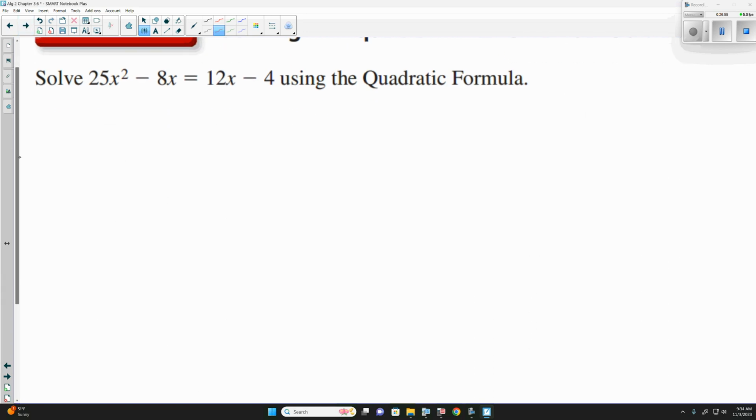Solve 25x squared minus 8x is equal to 12x minus 4. Well, if we're using the quadratic formula, we need this equal to what? 0. So that's the first thing we can move.